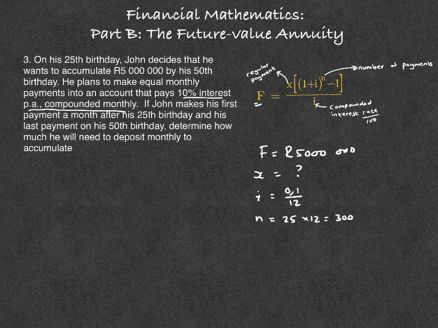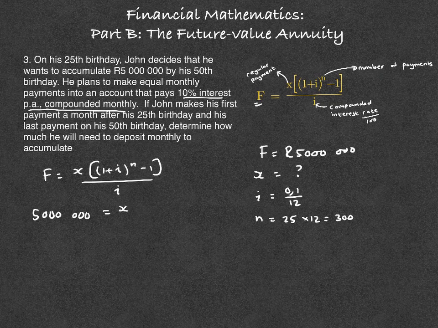So let's substitute that into the formula. F is equal to x times (1 plus i to the power of n, minus 1) over i. The future value is 5 million, he wants 5 million bucks.